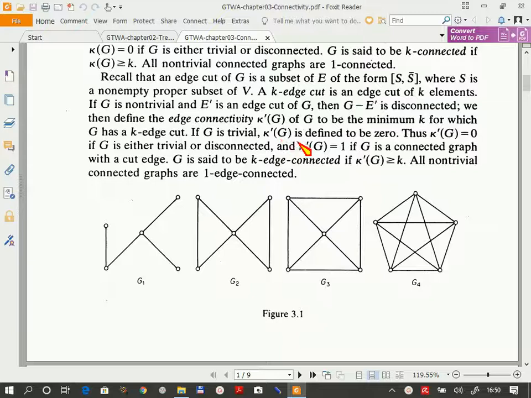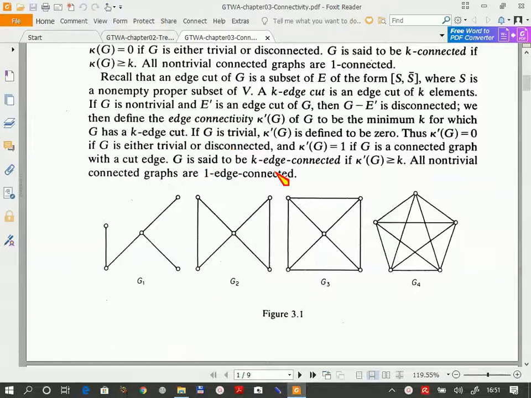If G is trivial, then it has no edge cut, and by convention we define kappa prime of G to be 0. So kappa prime of G equals 0 means that G either is trivial or is disconnected. And kappa prime of G equal to 1 is simply a connected graph with a cut edge.